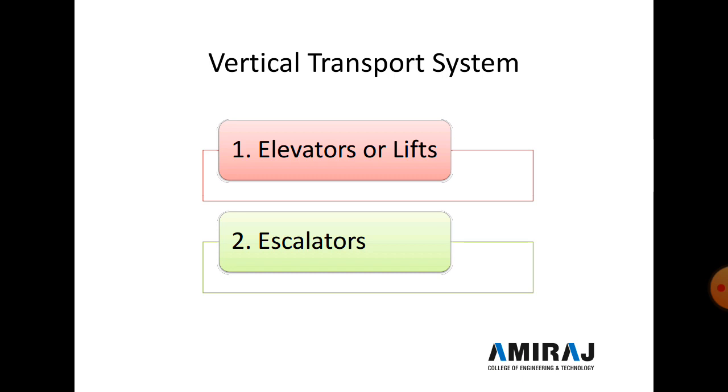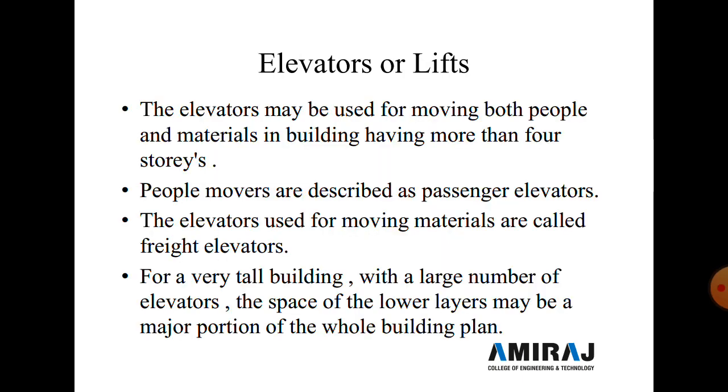Now the next topic is the vertical transportation system. Here the vertical transportation system is divided into two parts: first is the elevator or lift, and second is the escalator. The elevator may be used for moving both people and material in a building having more than 4 stories.